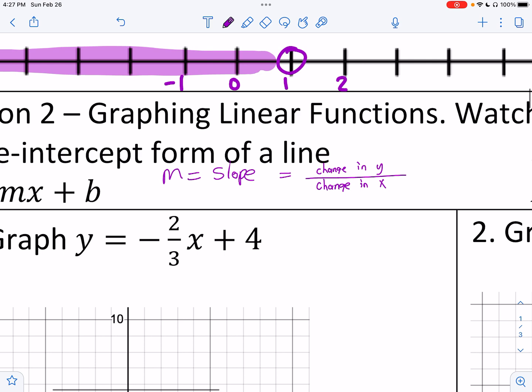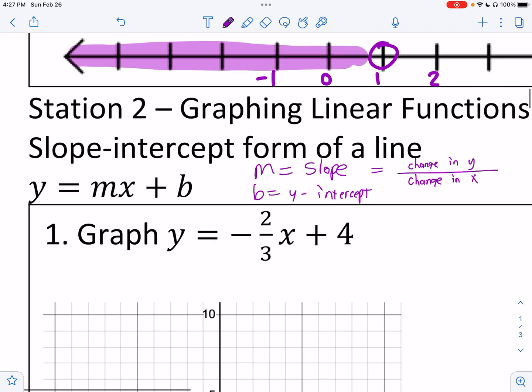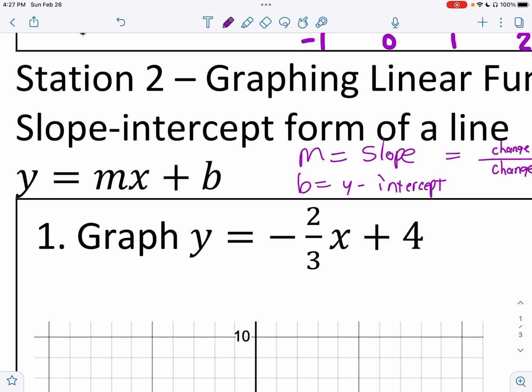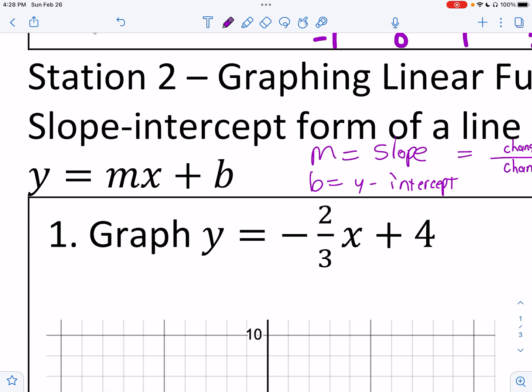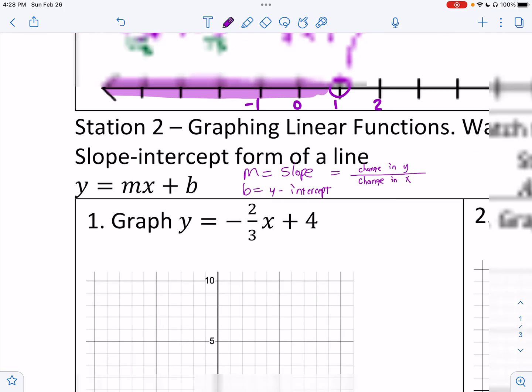And then b is the y-intercept. And we can actually see that algebraically, because if the y-intercept is when x is 0, so if I plugged in a 0 for x, I would have 0 plus b. So obviously b by itself is my y-intercept.